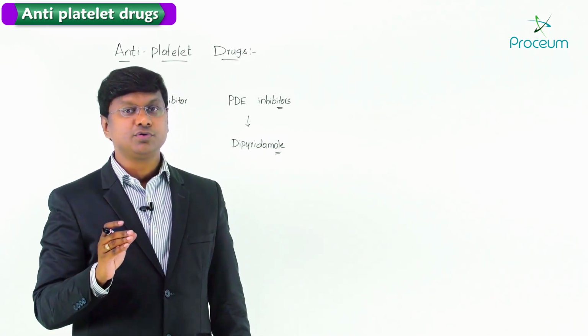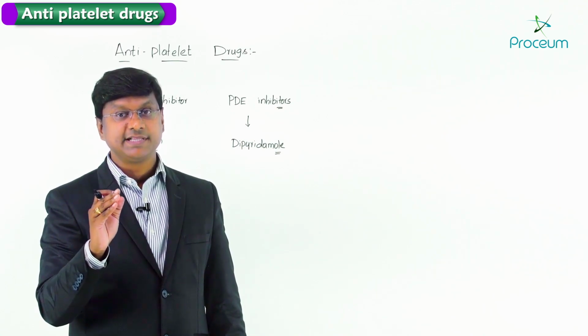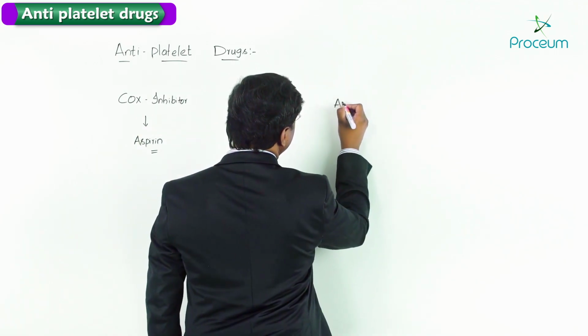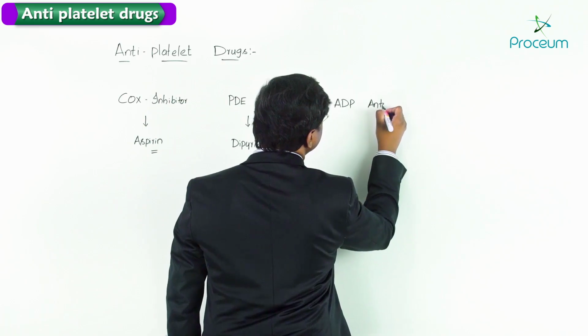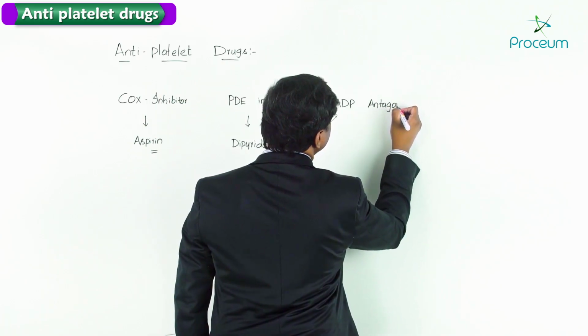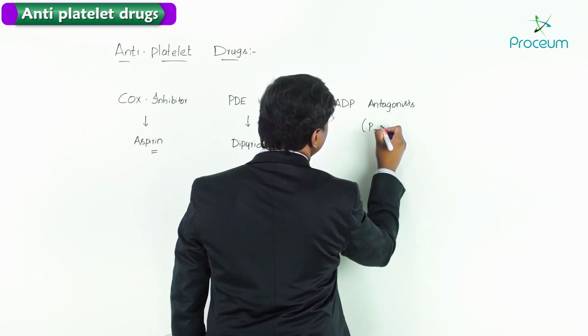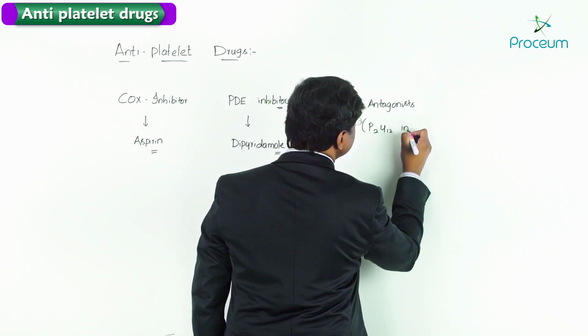The next important group of drugs is P2Y12 antagonists, that is ADP antagonists, adenosine diphosphate antagonists, also called P2Y12 inhibitors.